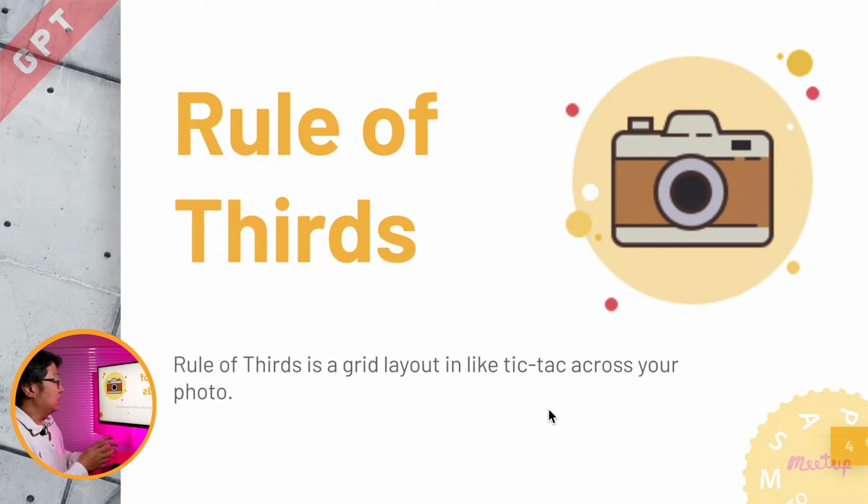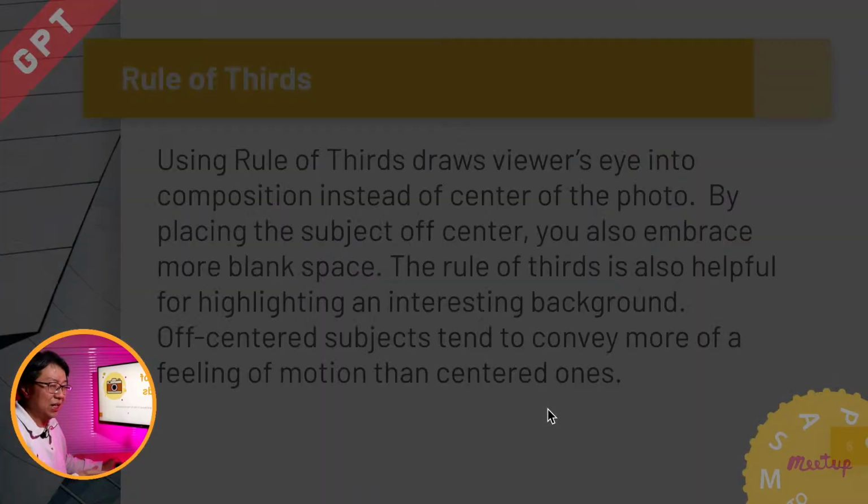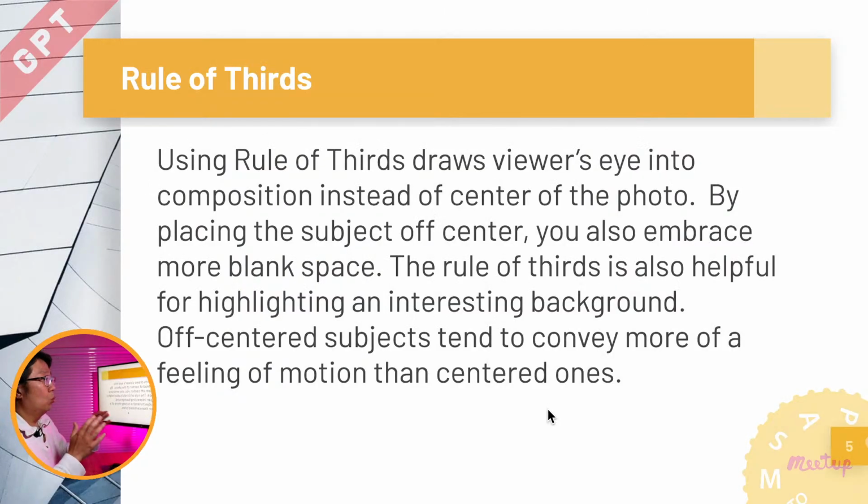The rule of thirds is a grid laid out like a tic-tac-toe board across your photo. Why do we use the rule of thirds? It draws the viewer's eye, whoever looks at your photo, to the thing we want them to concentrate on, instead of the center of the photo.